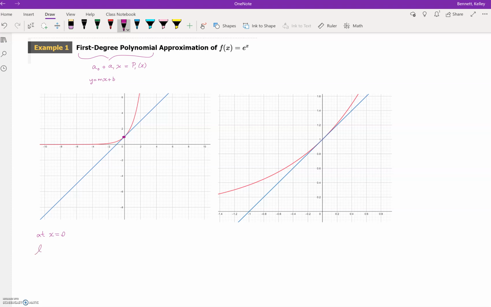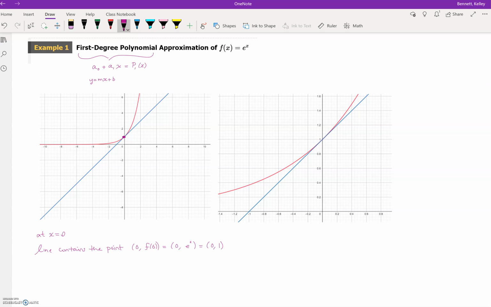So the line contains the point 0, f of 0. And since we know that f of x is e to the x, this is the point 0, e to the 0, which is 0, 1.